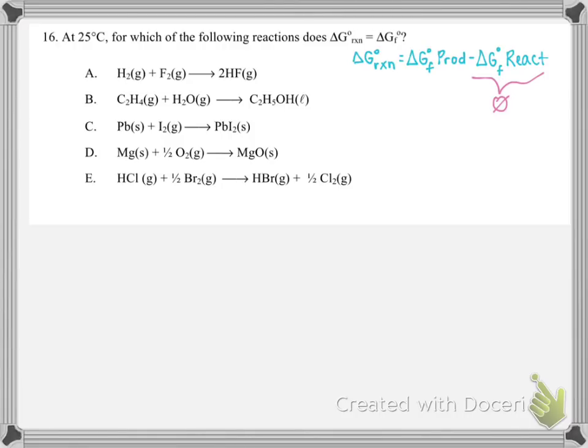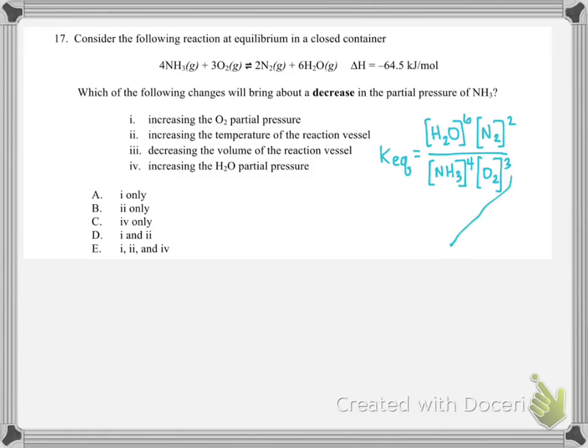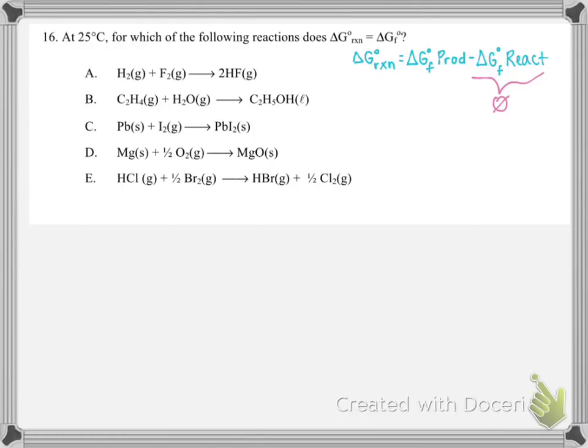Okay, here we have a question where they're asking us for which of the following reactions is delta G not of reaction equal to delta G standard of formation. So I've written here how we think of this, which is the products minus reactants rule.